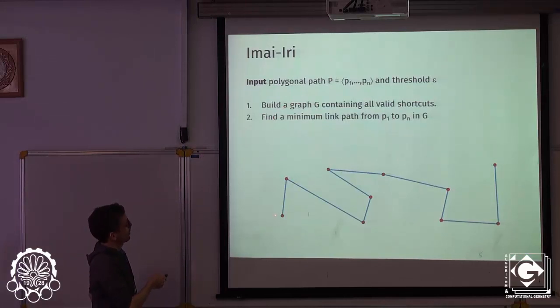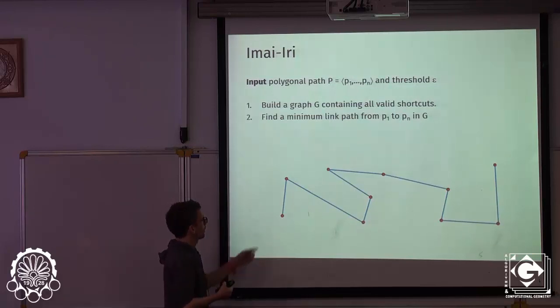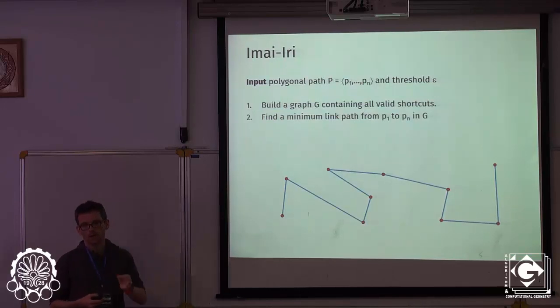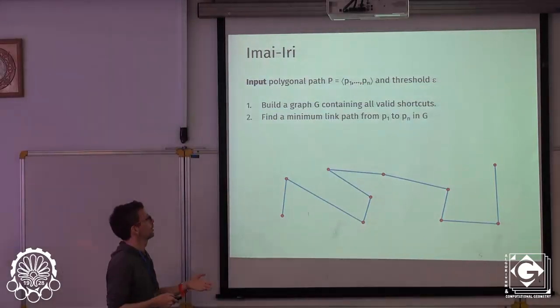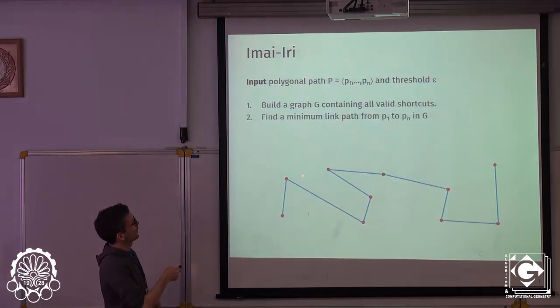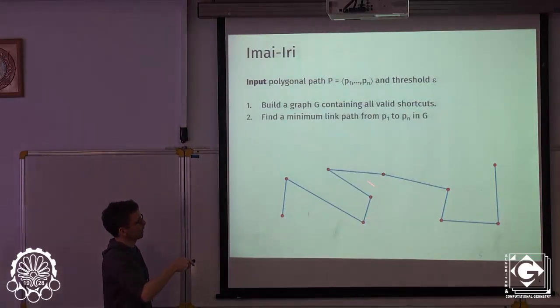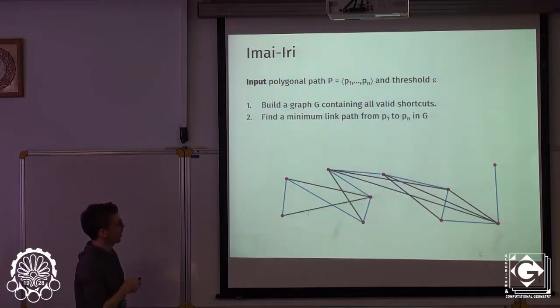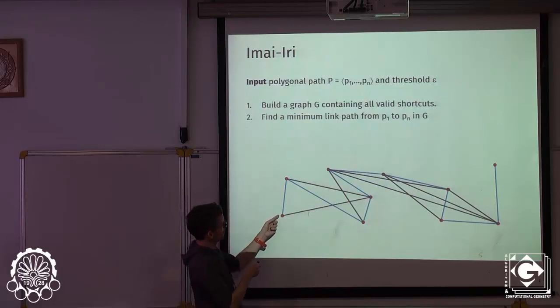So this is now maybe my input trajectory. Now I'm going to build a graph on the vertices of the input trajectory, and I'll add an edge if and only if the corresponding segment is close enough to whatever is in between. So this could be my graph. For instance, here this segment represents the part from here to here.